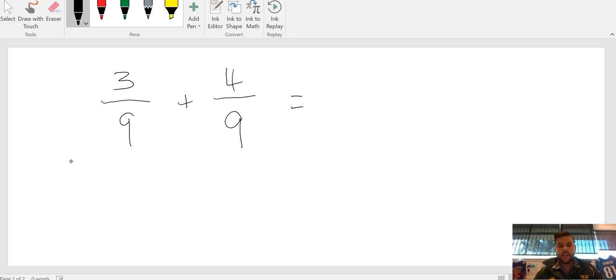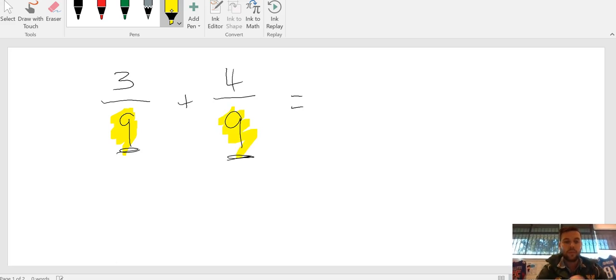We can add this together very, very simply. The reason why is because these denominators are the same. So all we need to do when we add fractions, if the denominators are the same, which they are, is keep them the same. So we can straight away put 9 on the bottom here.